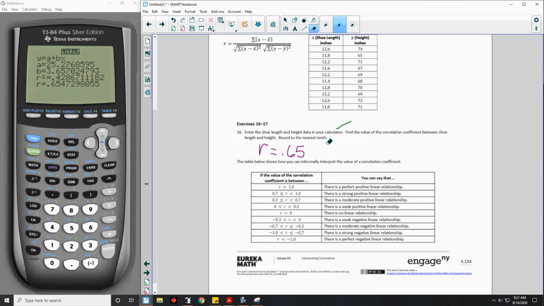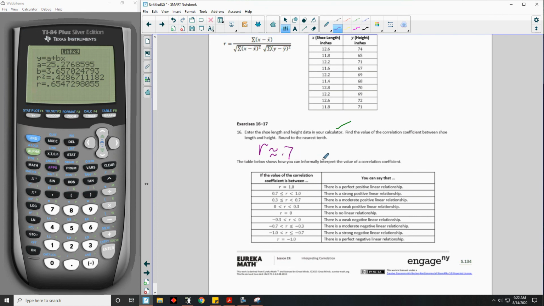My apologies. 0.65 rounds to 0.7. Okay, let me fix this though. I don't want equals, I rounded. Okay, this should be approximate. R is approximately 0.7.